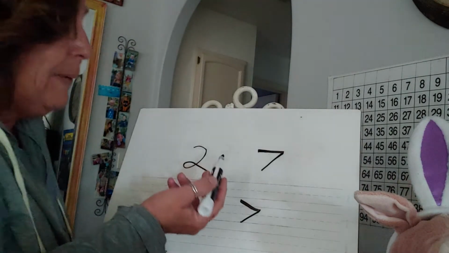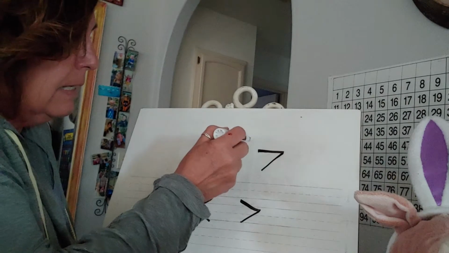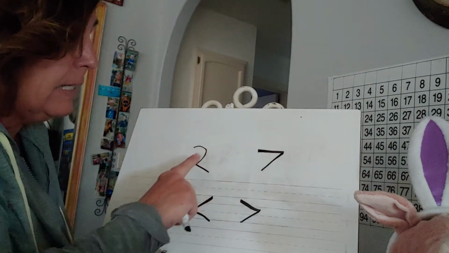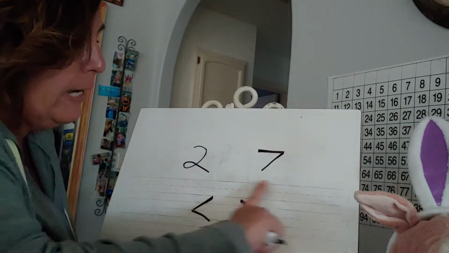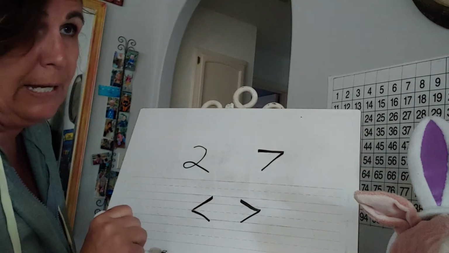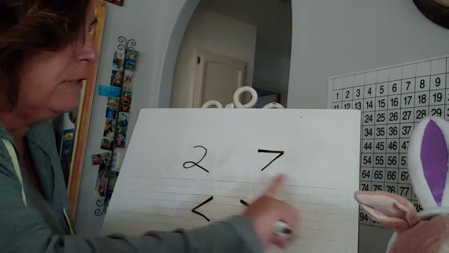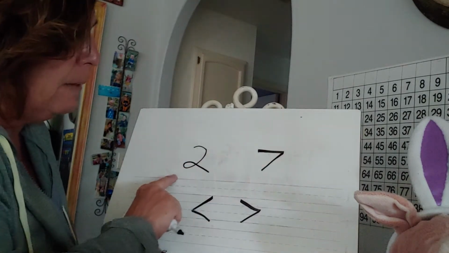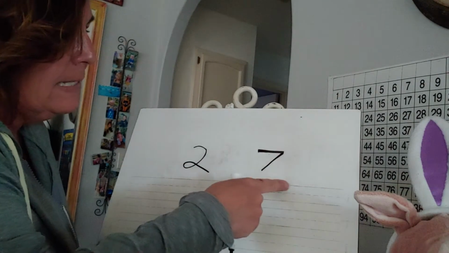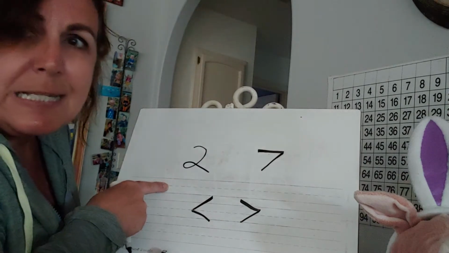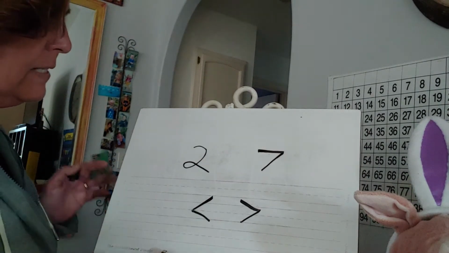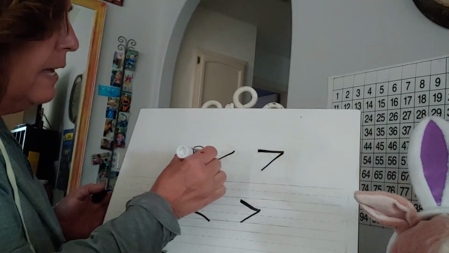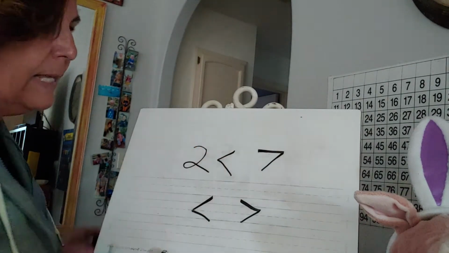We know that the 7 is more than the 2, but we have to read it from this way over. Just like when you read your name or write your name, you start at the left and you move to the right. So reading the problem this way is correct. Reading the problem this way is backwards. So we don't want to do it backwards. So we're going to take one of these symbols and we can say that 2 is less than 7.